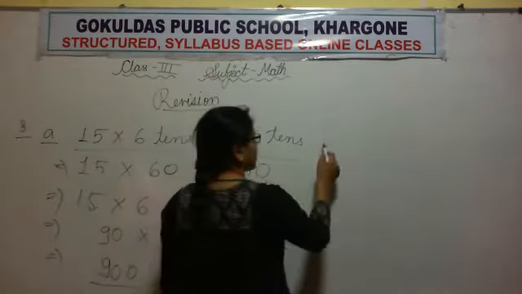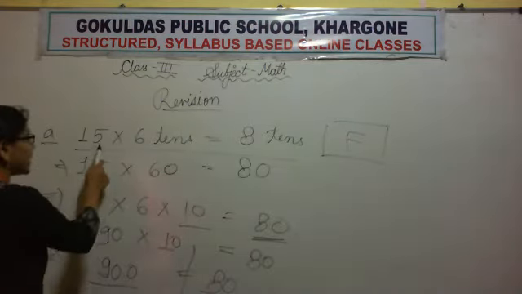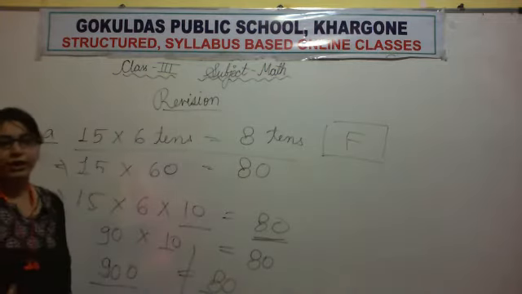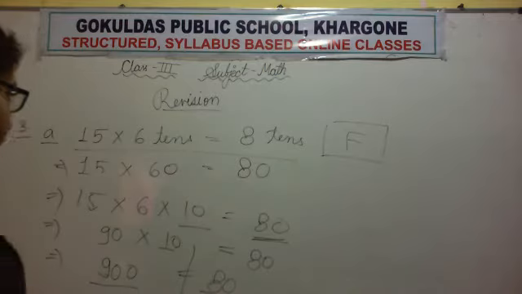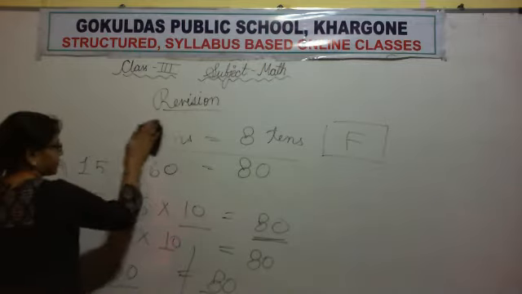So for this we will write F, because 15 into 6 tenths is not equal to 8 tenths. So we will write F as the statement is incorrect. So all of you write down F. Now the next one.